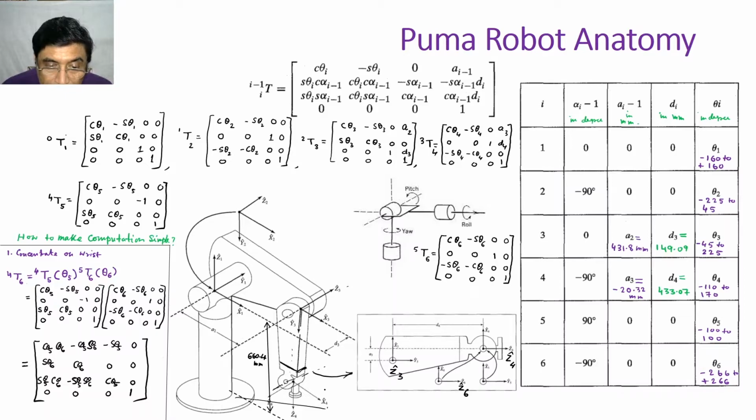This is Z4. And about this Z4 you can rotate. That means this entire portion will be rotated if you rotate about Z4.